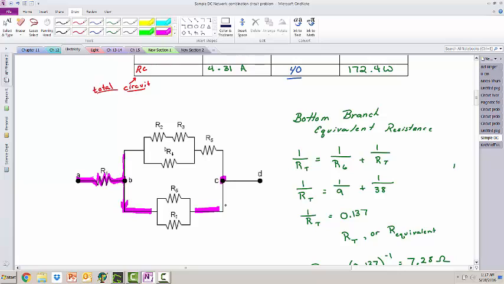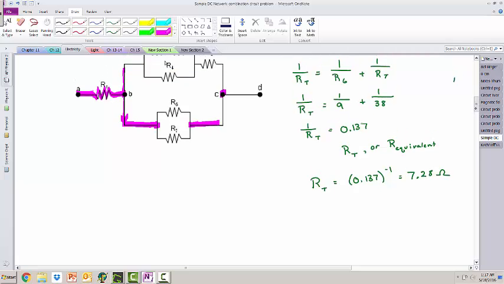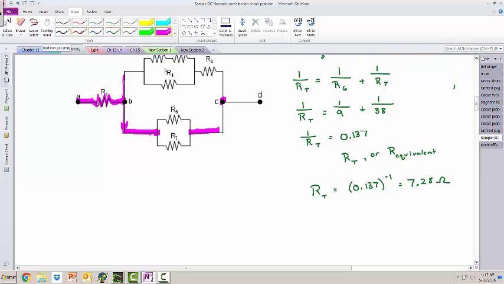So the voltage drop from this point where it breaks off into 2 branches to this point where it recombines is 14.18 volts.